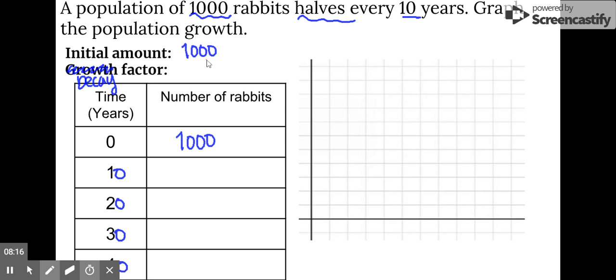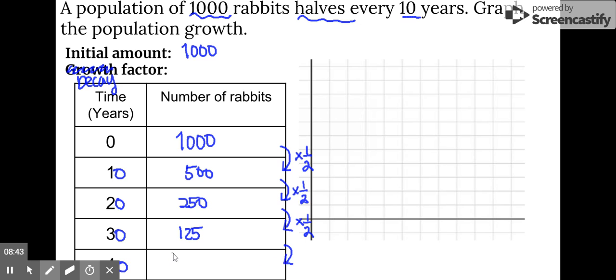All right, so decay factor, it halves. So in the next 10 years, it's going to be half of 1,000, right? So you multiply by 1/2, then you will get 500. Another 1/2, so you get 250. And in 30 years, you're going to get 125 rabbits because you have to keep multiplying by 1/2.